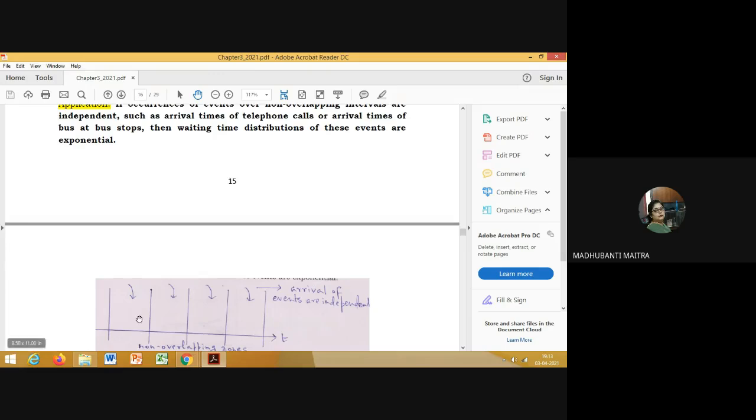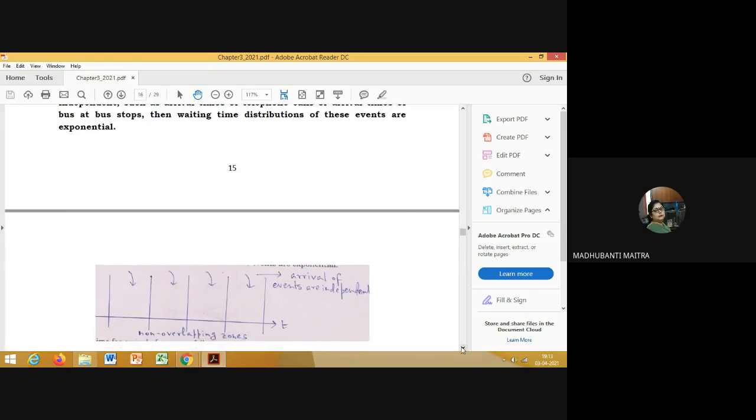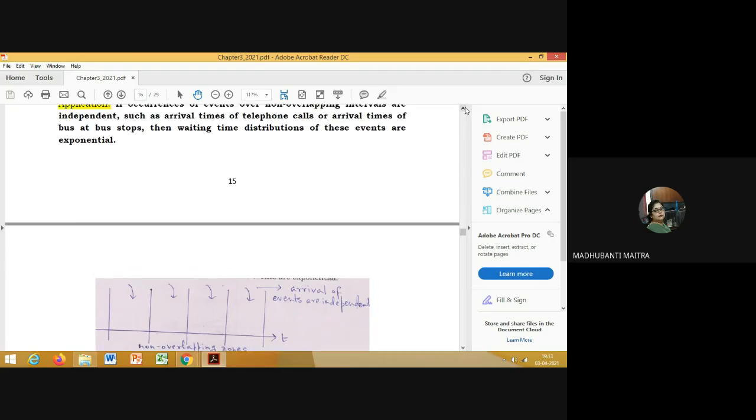Like in 1 hour, some calls are arriving at your mobile, some calls are arriving at your mobile in the next 1 hour, so on and so forth. And these zones, this could be time zones or space zones. Anyway, let's consider for the time being that these are time zones. These time zones are non-overlapping in nature. So let's get back to this.